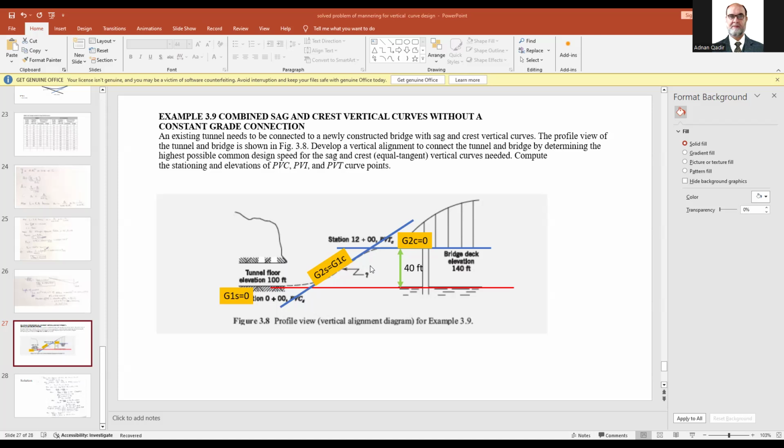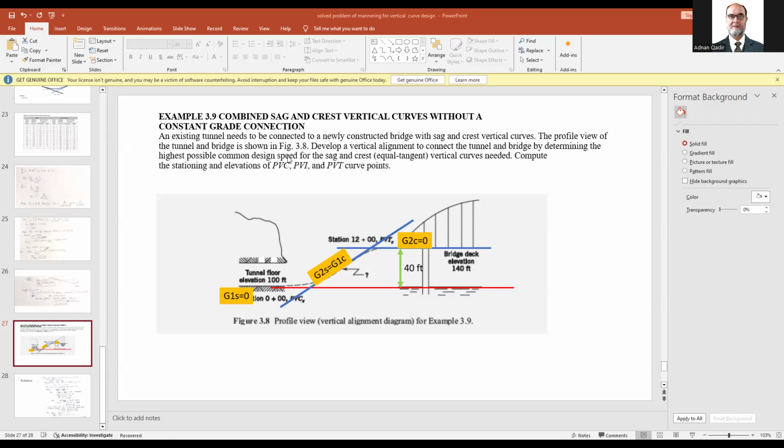Let's see what is given to us. Let's see the first statement. There is an existing tunnel that is to be connected to a newly constructed bridge with a sag and a crest vertical curve. The profile view is shown in figure 3.8. You have to develop a vertical alignment, meaning you need to know the length of the curves to connect the tunnel and the highest point, and possibly the design speed for the curve.